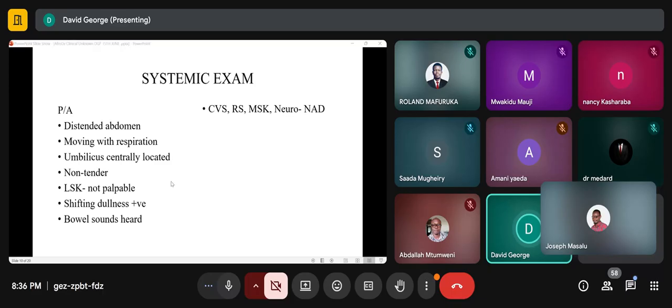Umbilicus was centrally located, and it was non-tender. Liver, spleen, kidney were not palpable. The central part was tympanic. Peripheries were dull with a positive shifting dullness. Bowel sounds were heard. All other systems, CVS, respiratory, musculoskeletal, as well as neuro, were unremarkable.